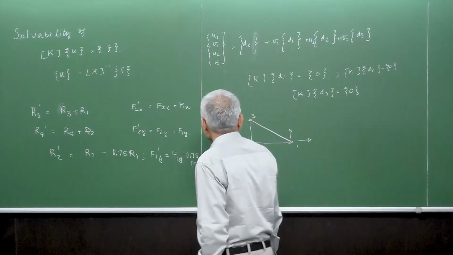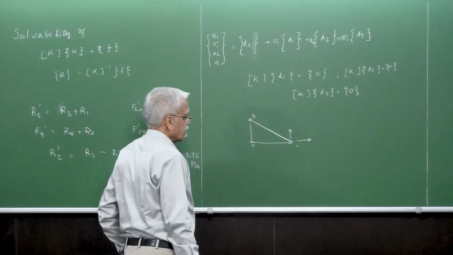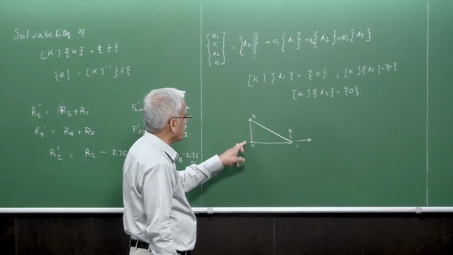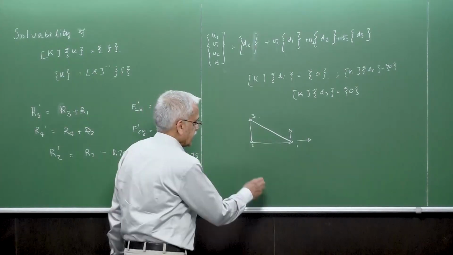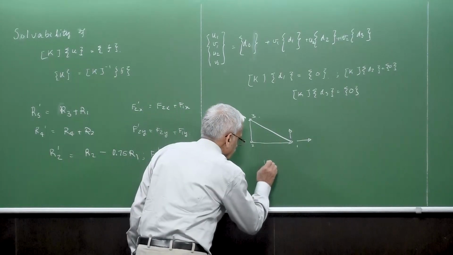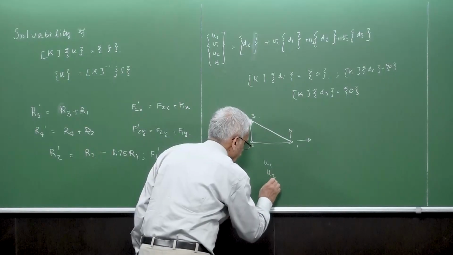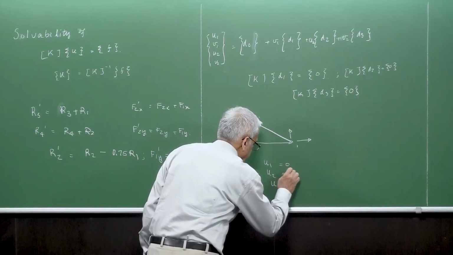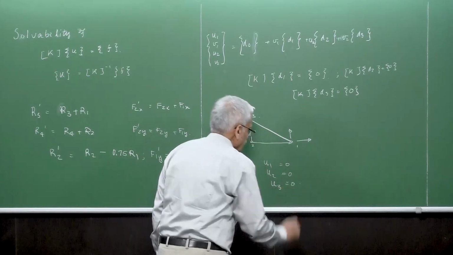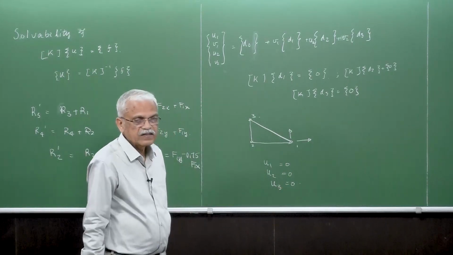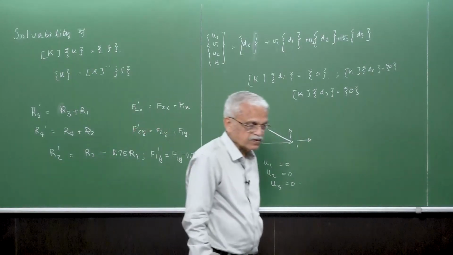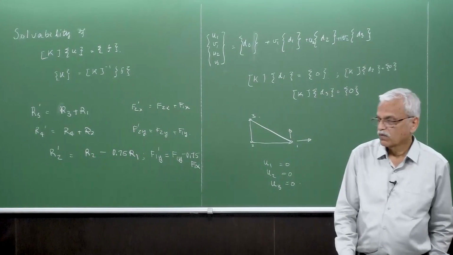For example, if the displacements of nodes 1, 2 and 3, that is u1, u2, u3, are defined as 0, will it constitute the necessary boundary conditions by which you can solve?